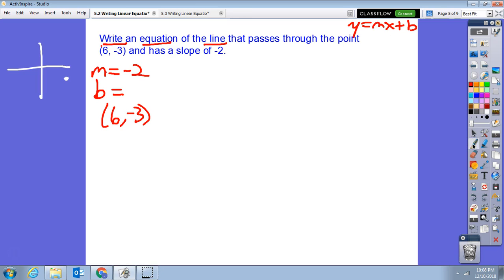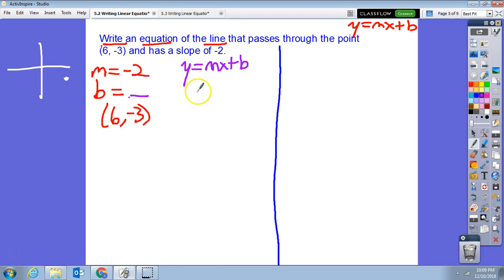Alright, so the first method is the one that most of you will probably choose every time, and that's completely fine because it works very well. This method is using the slope-intercept form again. Y equals mx plus b.